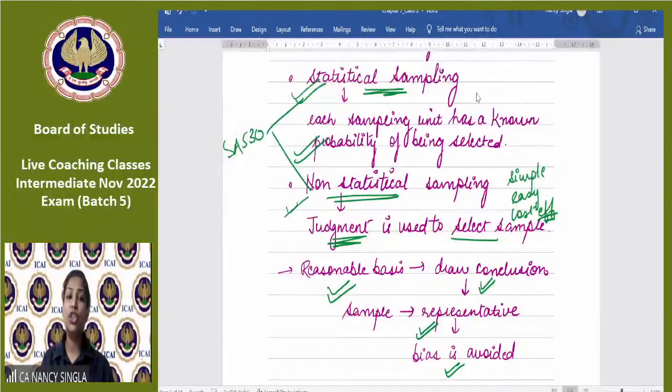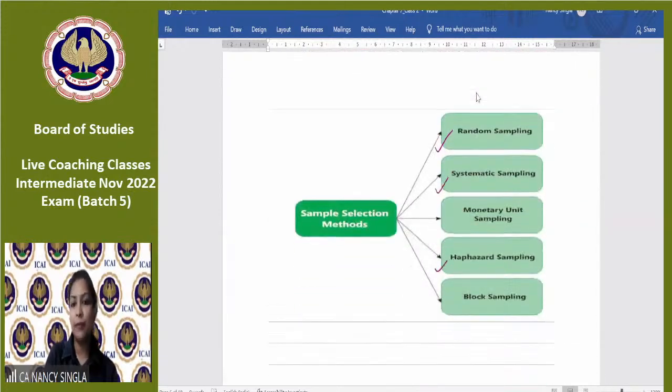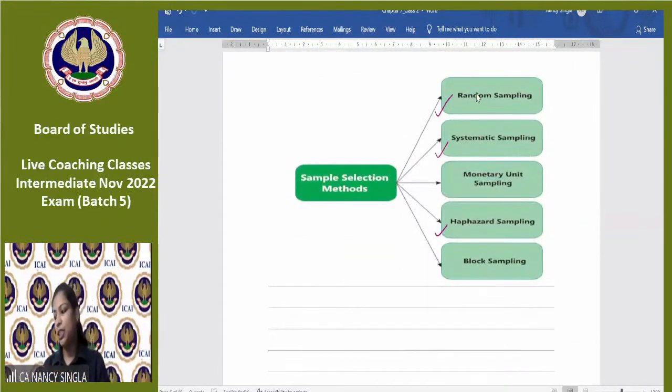Okay? The auditor should not be biased in selecting the items for the sample. Now, there are 5 methods which are discussed in your module, which are what? Random selection, systematic sampling, monetary unit sampling, haphazard sampling, and block sampling. Okay?